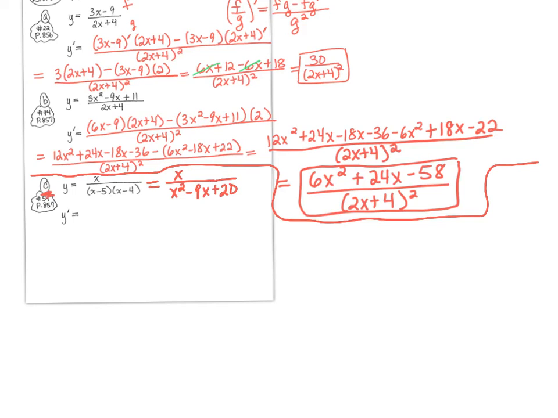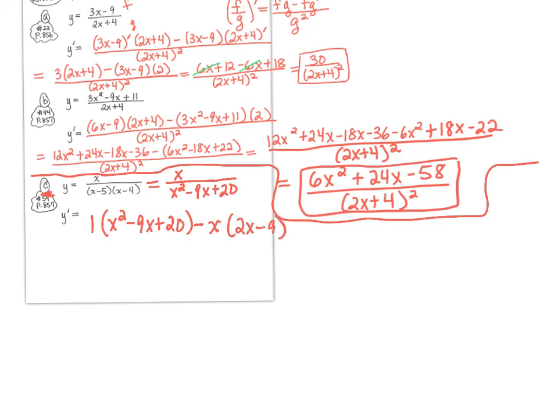0? Ah, question. So the question was, is the derivative of x 0? What's the derivative of x? 1. Okay, so now knowing the derivative of x is 1, make the adjustment and tell me what you get. 2x minus 9.